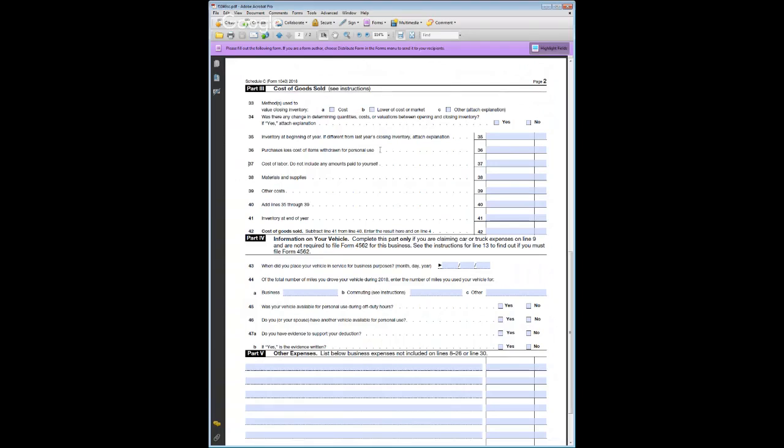Nobody would ever pay for it. Or, oh my God, I love that and I can't part with it. You can deduct from your inventory the cost of that yarn that you took out of your inventory.